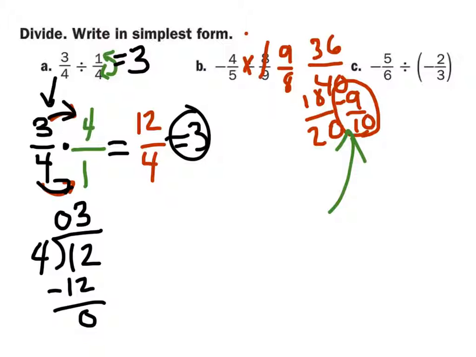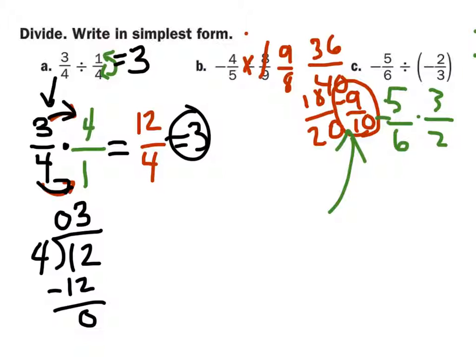So, first you have two negatives, so it's going to be a positive. So, 5/6, and you have to flip the second one to 3 over 2. You must do multiplication.